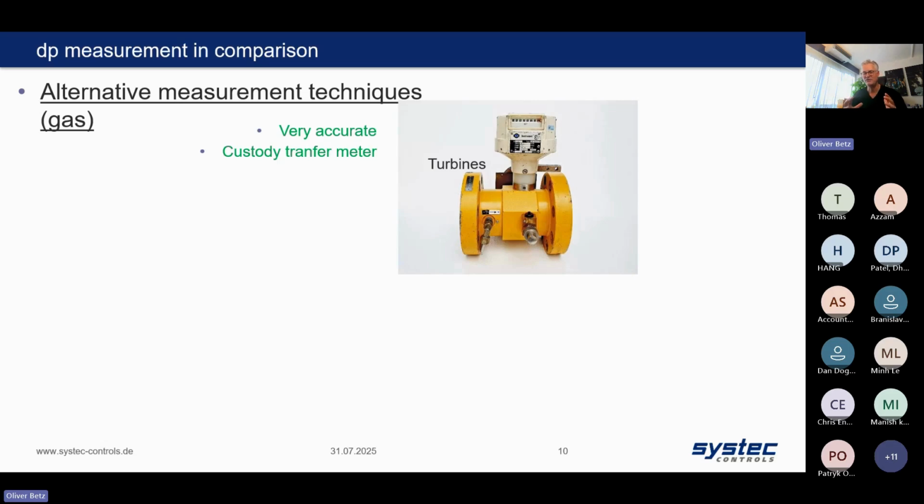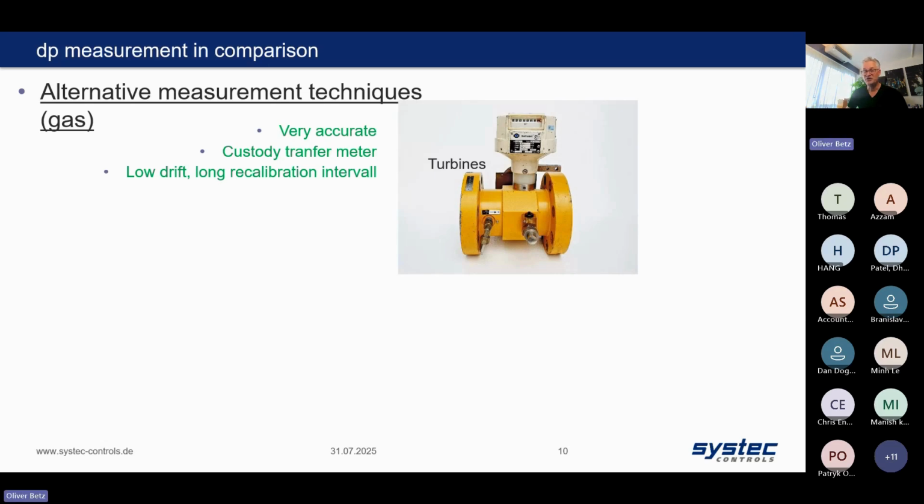So if you have high-class turbines, they can be calibrated down to 0.25%, not of mass flow, but of volume flow. So if you want to have a mass flow, once more, you also will need pressure and temperature measurement, but very highly accurate flow meter. And they are widely used, still widely used in the hydrocarbon industries for natural gas, for example.